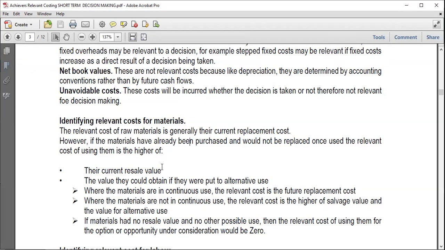We compare the current resale value, and we also compare the value they could obtain if these were put to alternative use. Now, why are we bringing in this? Because these materials have been purchased and, of course, they will not be replaced.